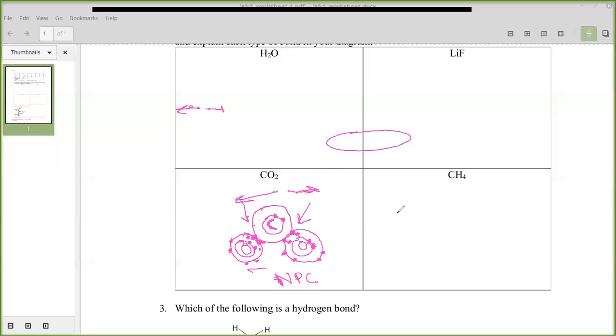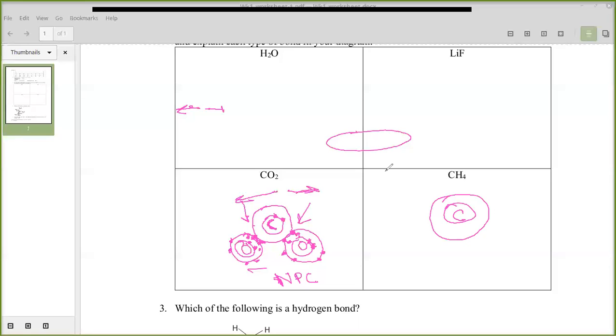So that's carbon dioxide. Now methane. What should I do for methane? Carbon in the middle, right? And then how many shells do we draw for carbon? 2. Yep, 2 shells.